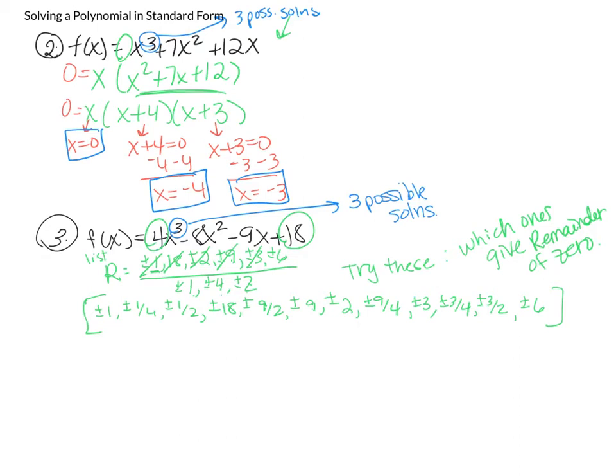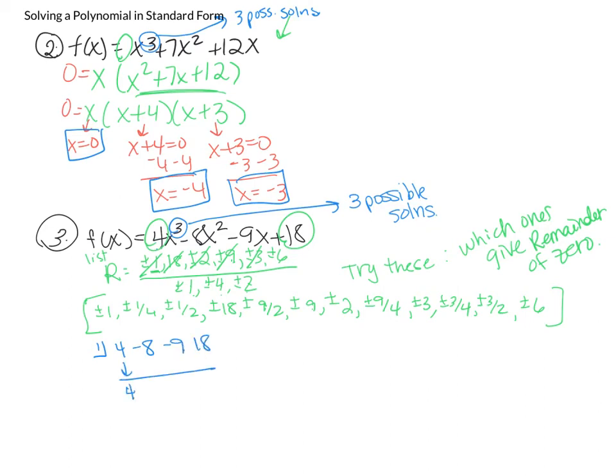Okay, so I can either use synthetic division, or I can evaluate with these, all right? So I'm just going to do a couple here. And let's say that I decide to just try my first one, and we're going to use synthetic division. Who knows, okay? So let's say I'm going to try positive 1, and I'm going to use 4, negative 8, negative 9, and 18. So I bring down my 4.